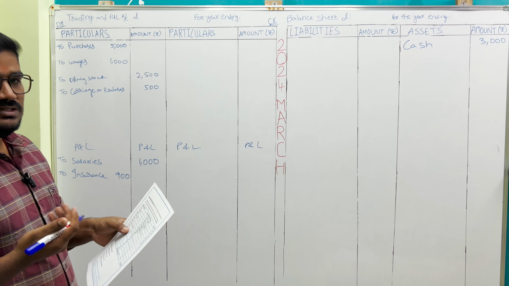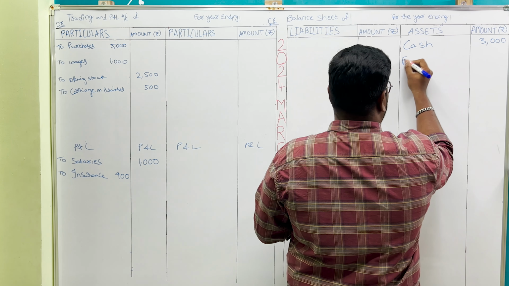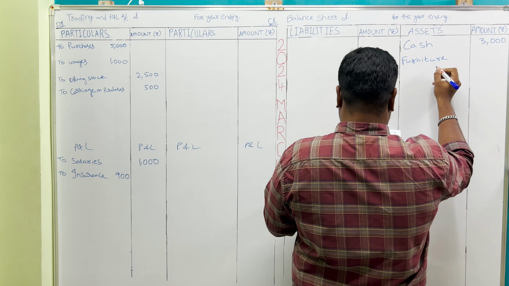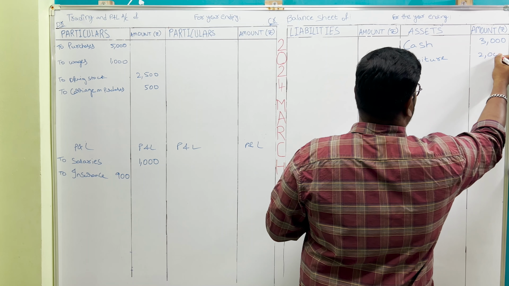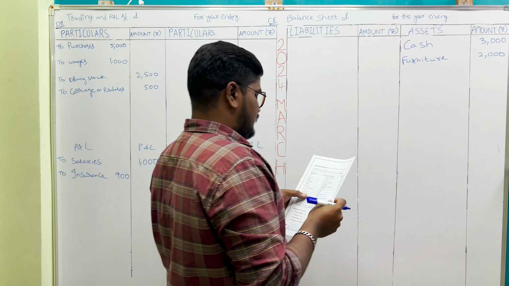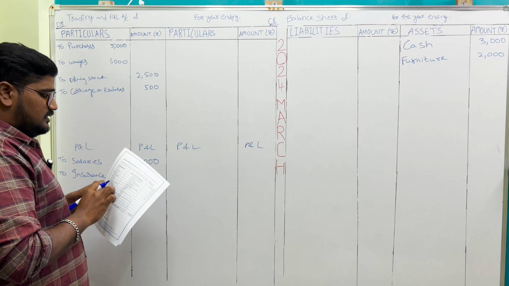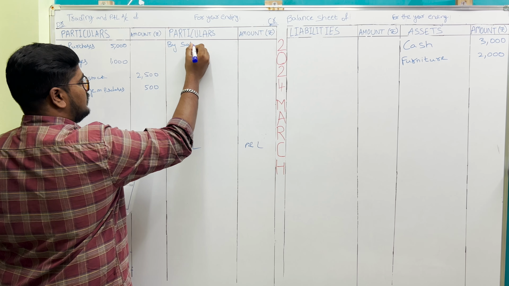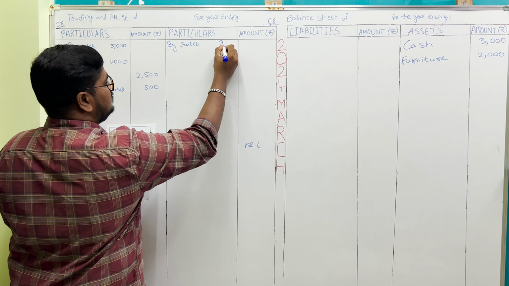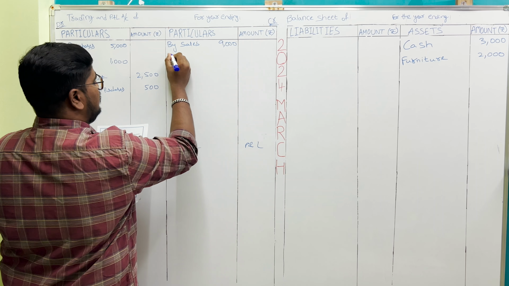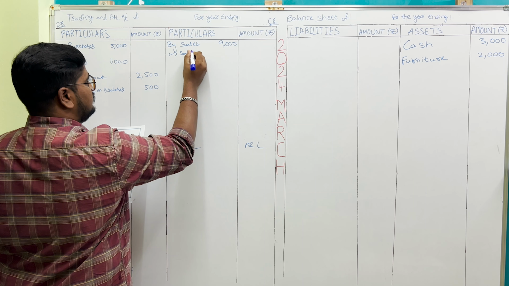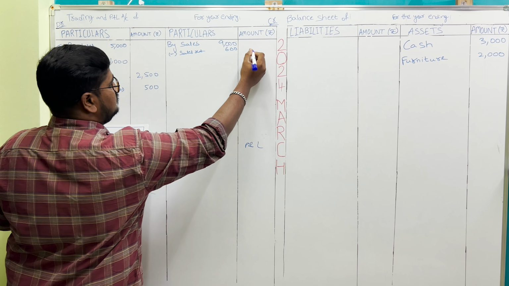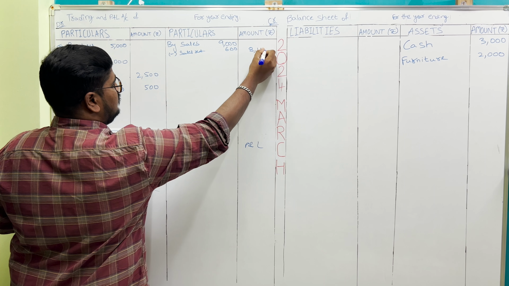Next, furniture. Furniture is nothing but an asset. Furniture 2000. Next item, sales return. So sales, inner column 9000, less sales returns 600, outer column 8400.